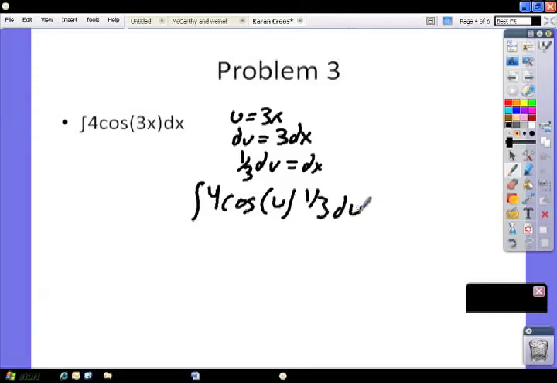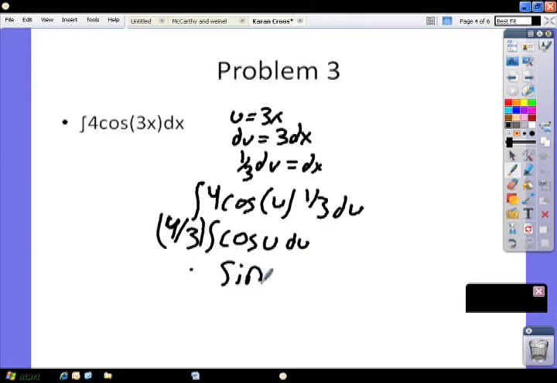Okay, then you use the substituted integral, and we take out the 4 over 3. Cosine u du. And then we take the integral of cosine u, which is sine of u plus c, multiplied by 4/3.